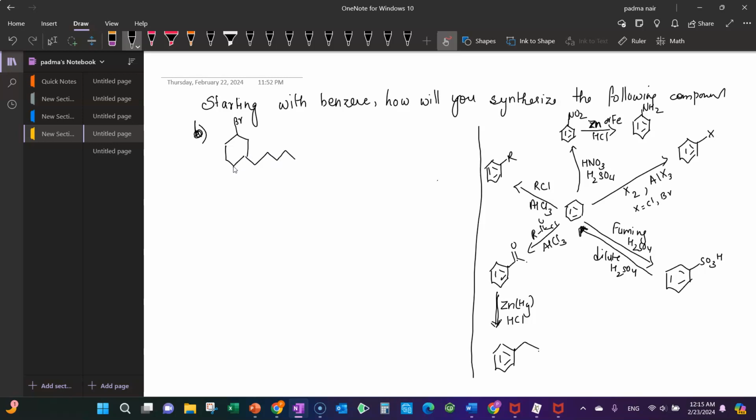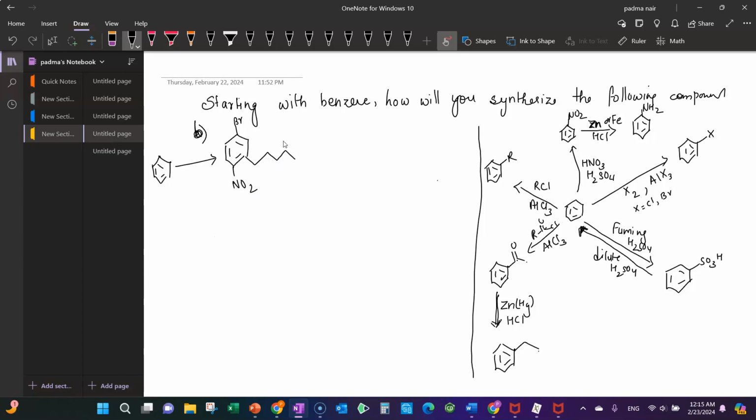Okay, a long alkyl chain, NO2, a PR. Okay, this is what I need. So the question is take benzene and convert it into this one. So this is my target compound. So what are the groups? We have an NO2, a PR, and an alkyl chain of 1, 2, 3, 4, 5, a pentyl group.